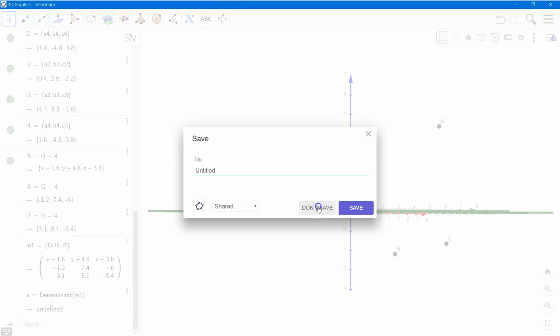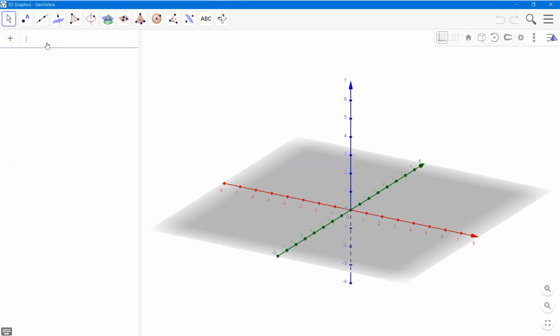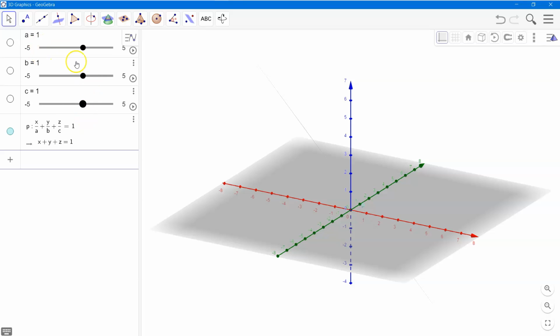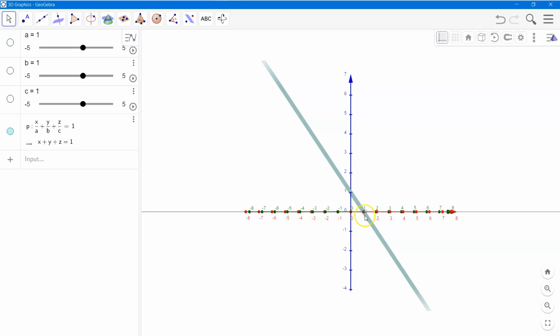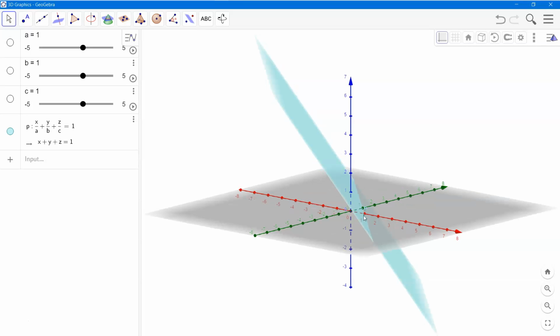Now, another type of equation is called the intercept form of the equation. So here we have x by a plus y by b plus z by c is equal to 1. If you notice, the right side is 1, and A, B, C are the intercepts.